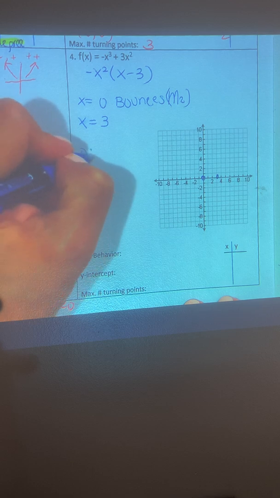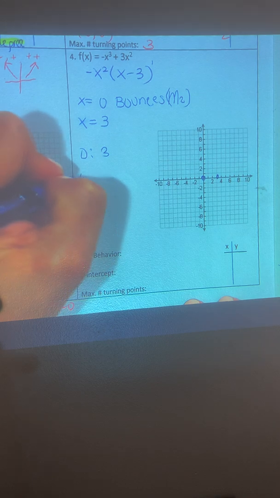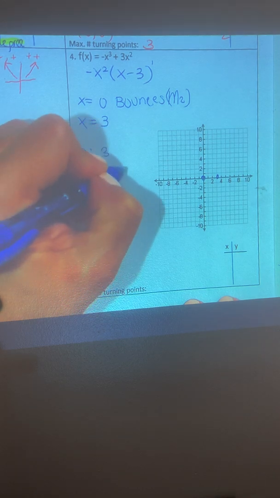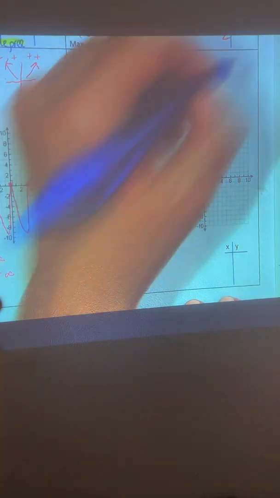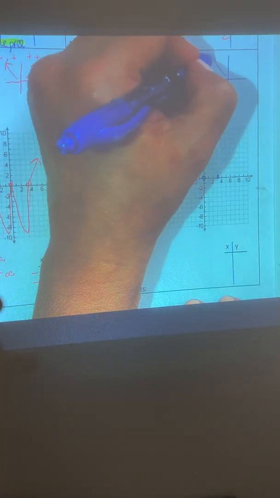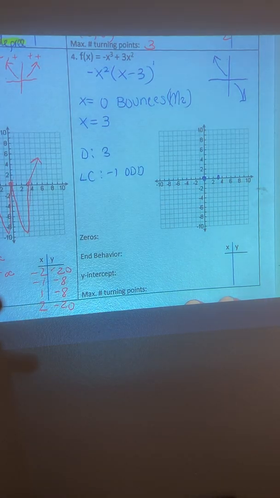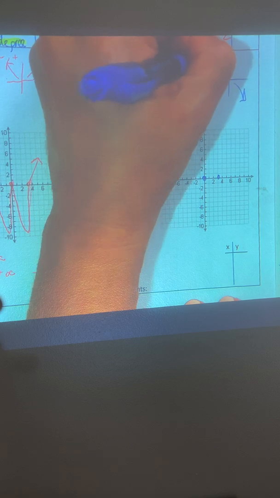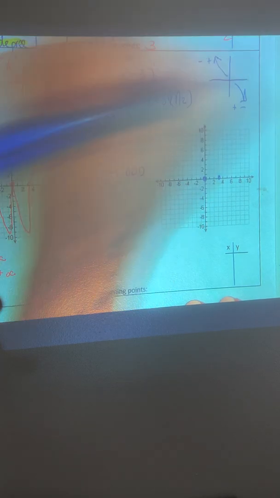Right, so the degree is 2 plus 1. The degree is 3. My leading coefficient is -1, which is odd. All right, so we got odd, negative. Odd, negative goes up here and down here. That's odd, negative. Okay, so that's negative, positive, and positive, negative.